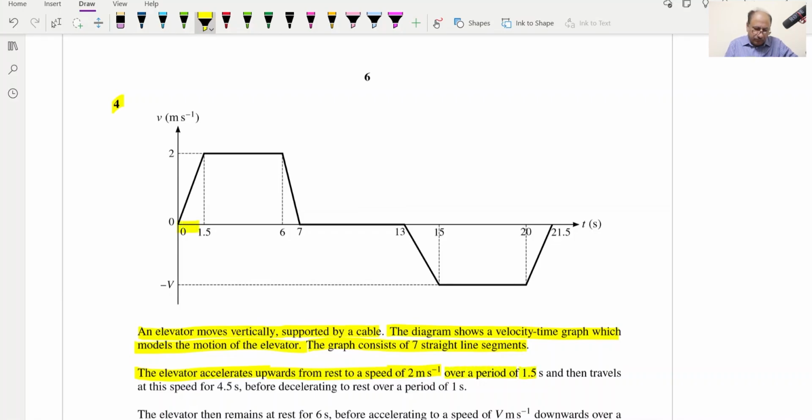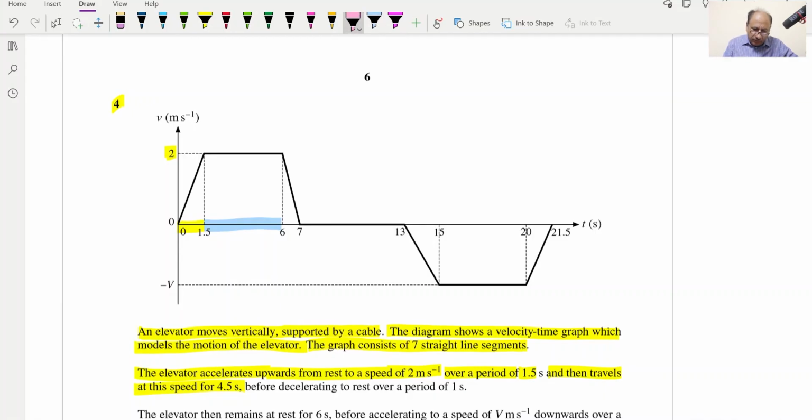So from this to this, from 0 to 1.5, and then travels at the speed of 2 meters per second for 4.5 seconds, before decelerating to rest over a period of 1 second.